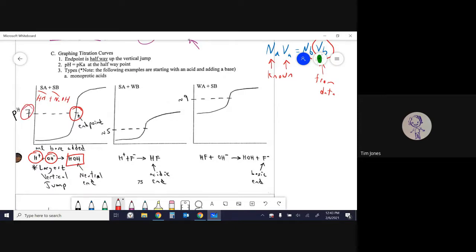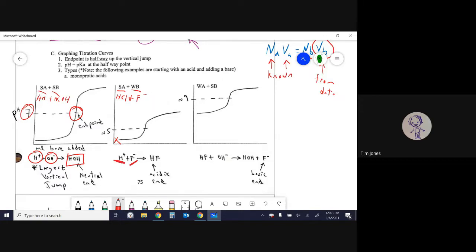Now let's take a look if you have a strong acid and a weak base. So let's go HCl again, and F-, the weak base fluoride. Well, you're starting with the acid, so it's going to be a low pH. Similar situation, but this time, see what's happening. Strong acid, weak base.